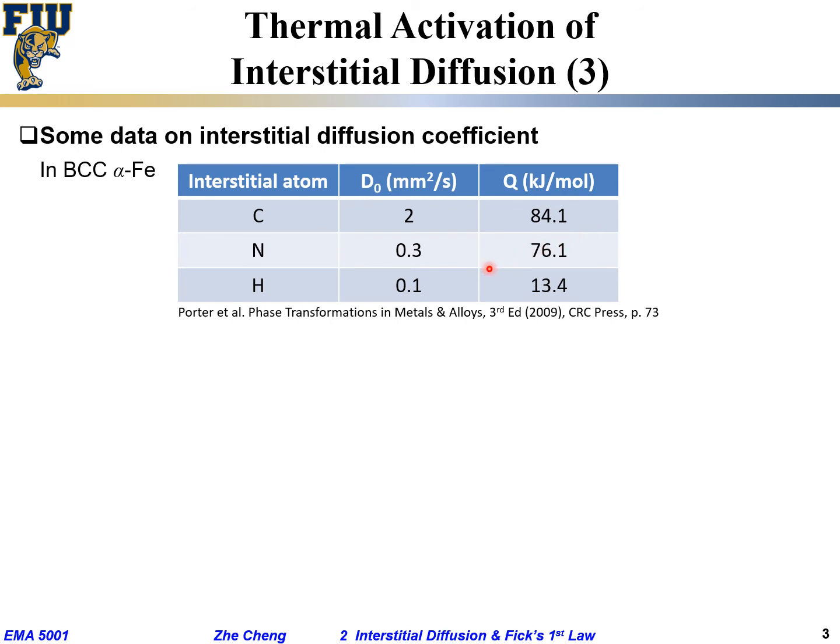And similarly, what you would also notice is the frequency factor, the D0 term. Which one is smallest? Also hydrogen. Between all these 3, if you recall, the frequency factor depends on the lattice parameter, but the lattice parameter or the jumping distance is the same for all these 3 interstitial species, right? But the entropy disruption term would be larger if the atoms are a little bit larger.